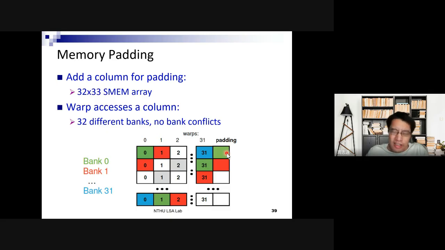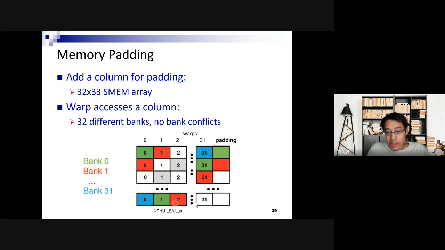But in this case, instead, we try to make the space some number that's not evenly divided by 32, so that we can interleave the elements on the banks. Okay, all right.